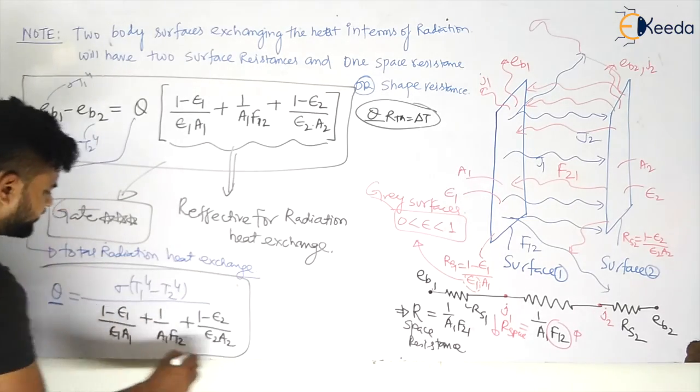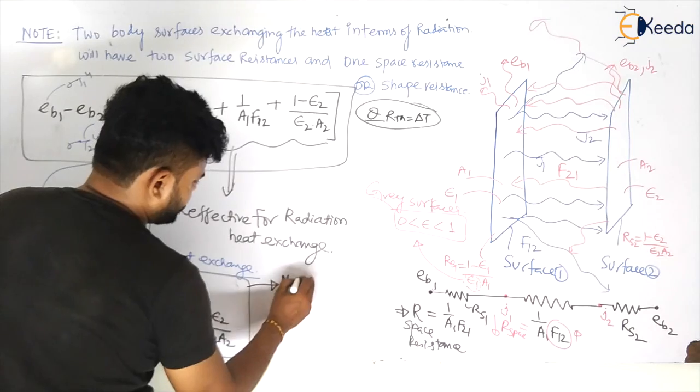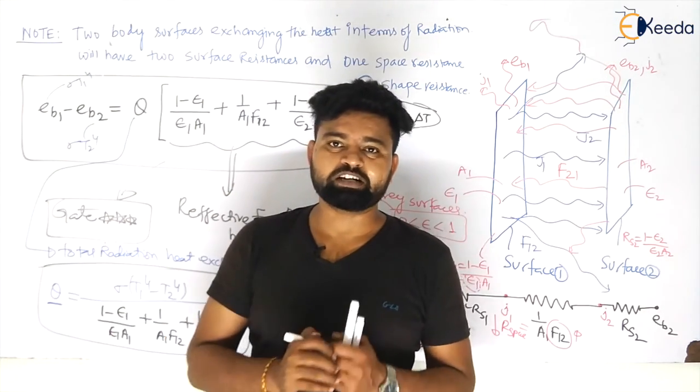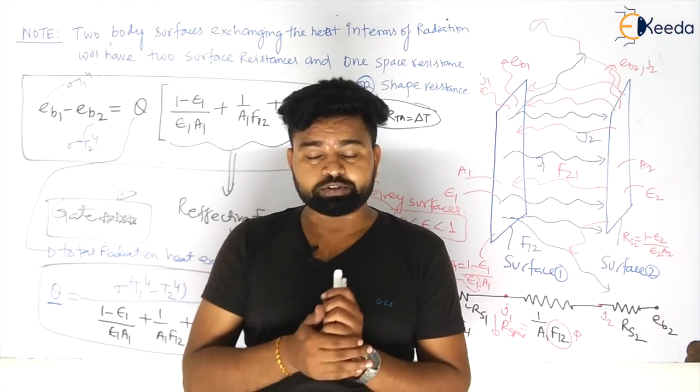So this will be the net radiation heat exchange between two surfaces. Hope you have understood the concept and all the concepts are clear, my dear students. So thank you so much.